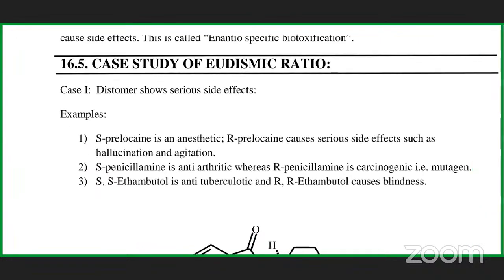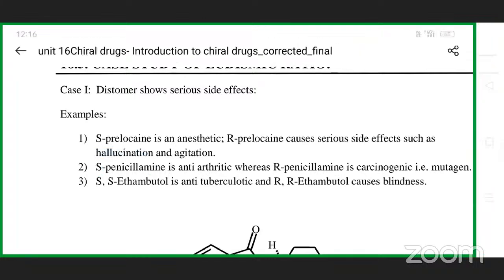Here some cases are listed, where in case of the eutomer and distomer, how it will have impact, if together how they will have impact, and singly how it will have impact. So you can see some list of studies under this.